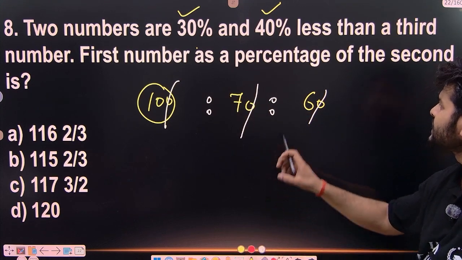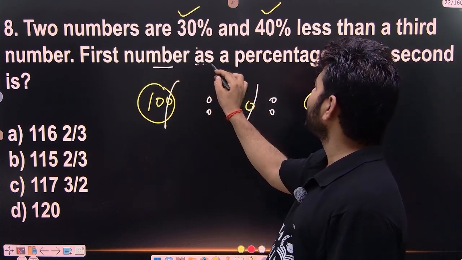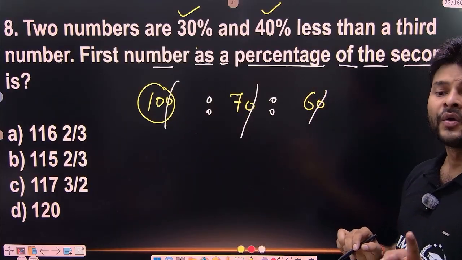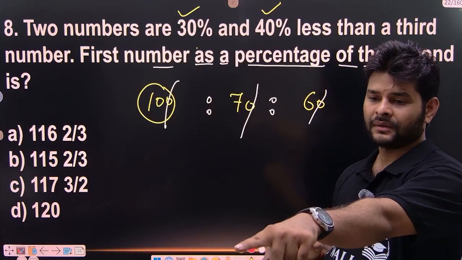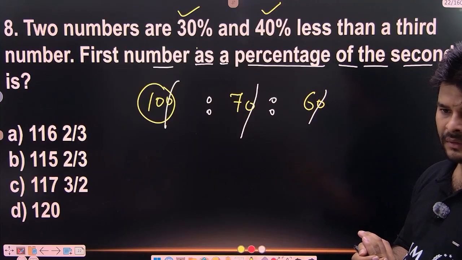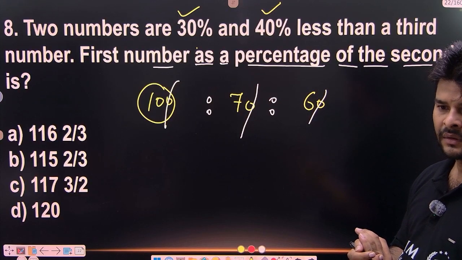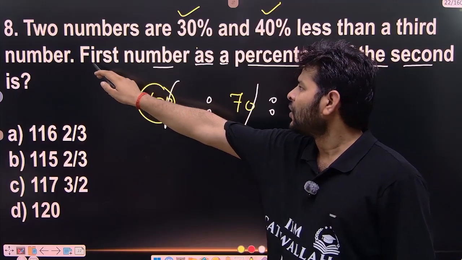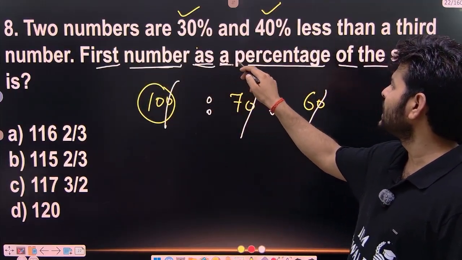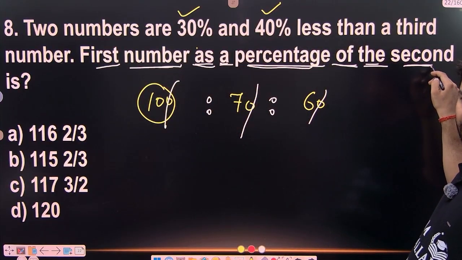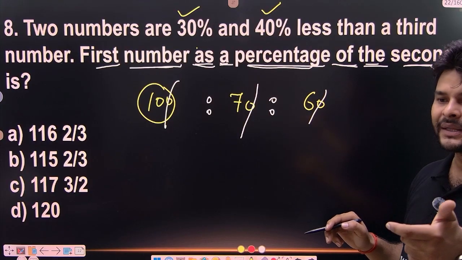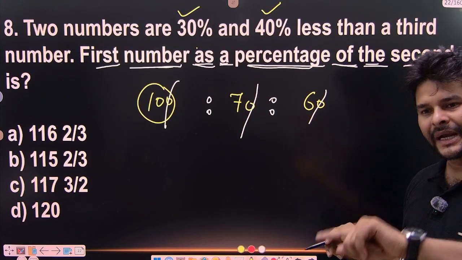Now what the question is saying: first number as a percentage of the second number. Y, which we are comparing? Exactly, we are comparing with the second number. First number as a percentage of the second. So whatever the value y which we compare, we put that value in the denominator.